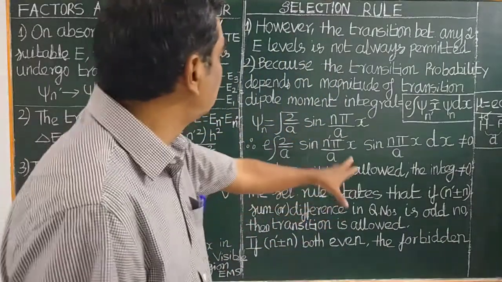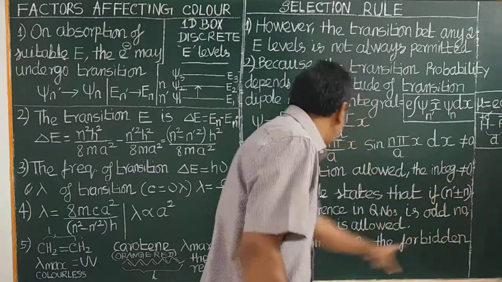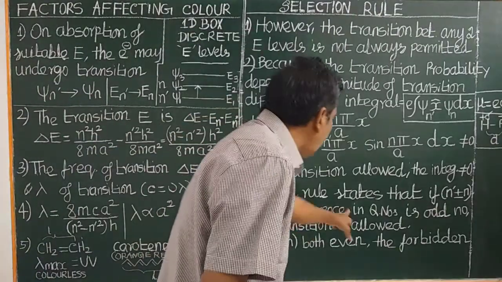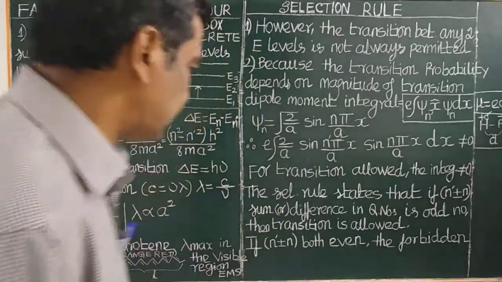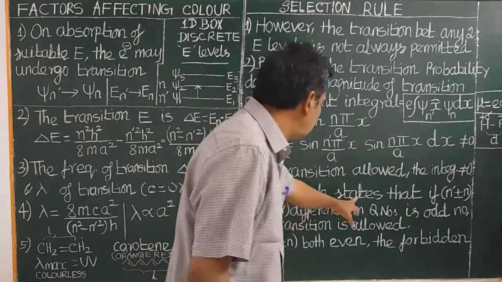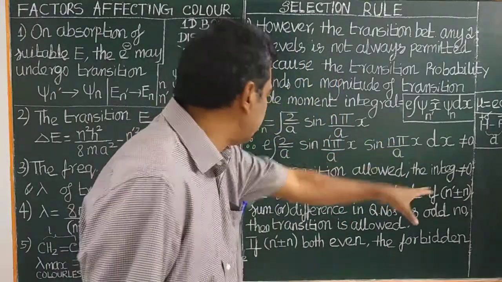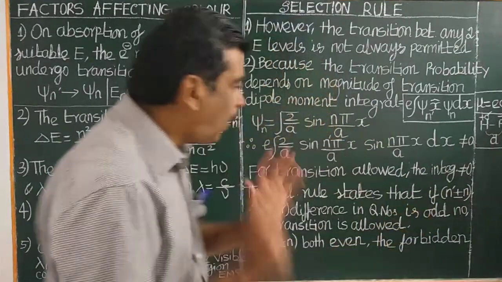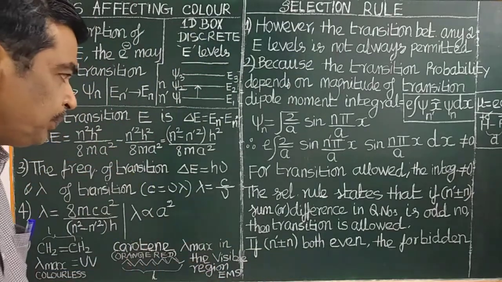The selection rule states that if n prime plus or minus n, the sum or difference in quantum numbers, n prime and n being quantum numbers, is an odd number, then the electronic transition is allowed.